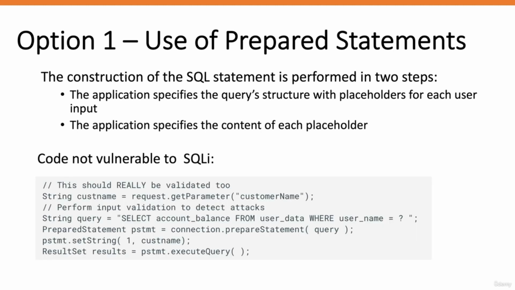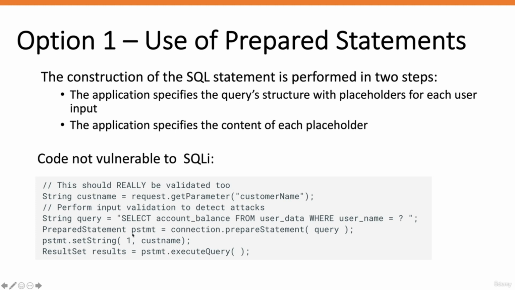And so let's take an example of code that is not vulnerable. In this code, you can see there is the variable cust name. It takes a user supplied input, customer name. We've got the query being defined, and then it prepares the statement through a database connection.